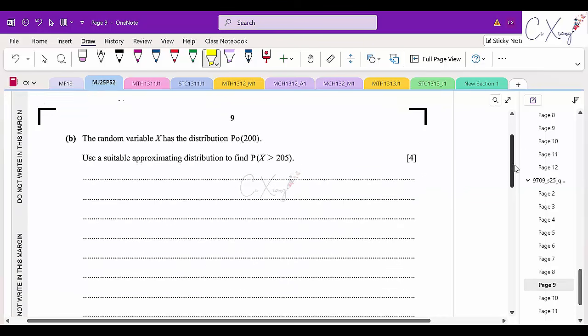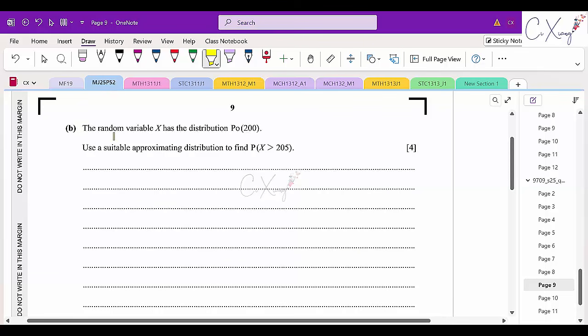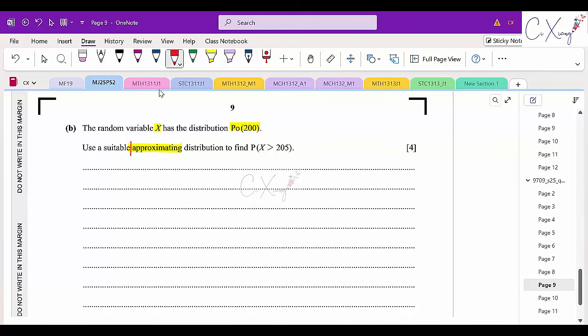Okay, for 6B, now we are having a random variable X with a Poisson distribution with lambda 200. Use a suitable approximating distribution. So again, we see another keyword, approximating, to find this probability.